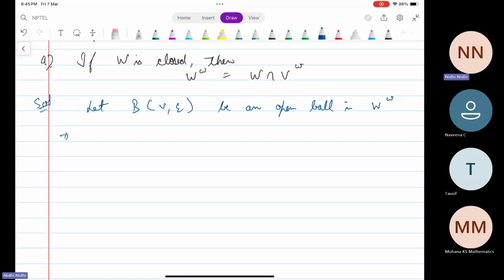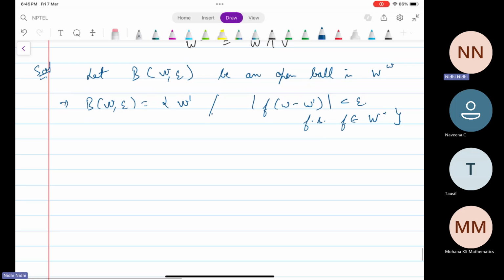So this implies B is the set of all those points W' such that |f(W) - f(W')| is less than epsilon for some f in W star.